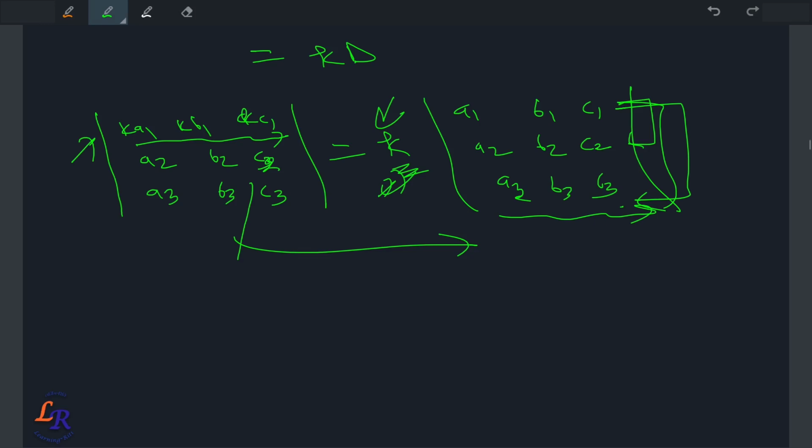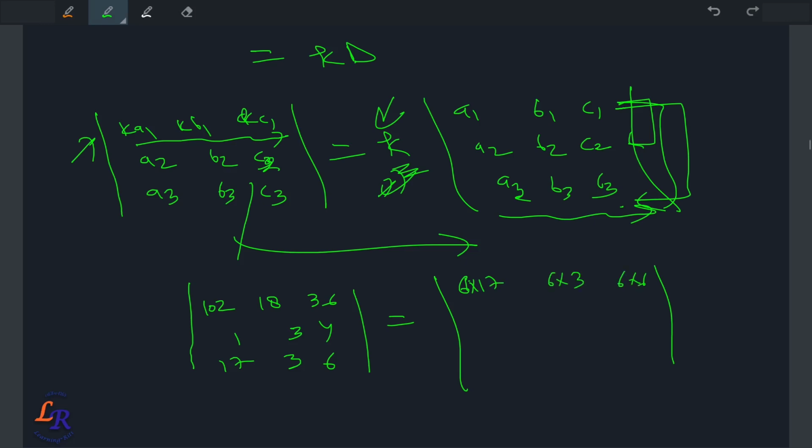So for example, you are given to evaluate a matrix something like this: 100, 2, 18, 36, 1, 3, 4, 17, 3, 6, right? See, you can write it like this. It can be written as 6 into 17, 6 into 3, 6 into 6, then 1, 3, 4, and 17 3 6, right?